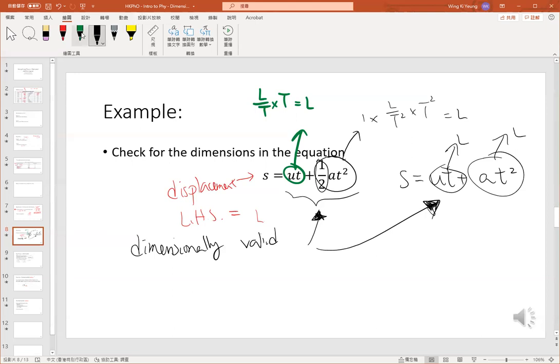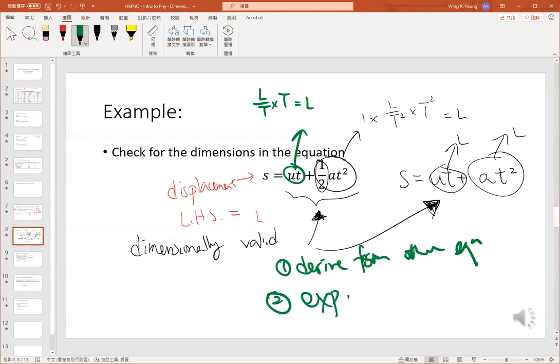Because we are not going to guess the equation for all the physics formulas. We are 100% not going to guess the equation. What you can do is either check whether you can derive it from other equations, or you can do the experiment to check which one is correct.